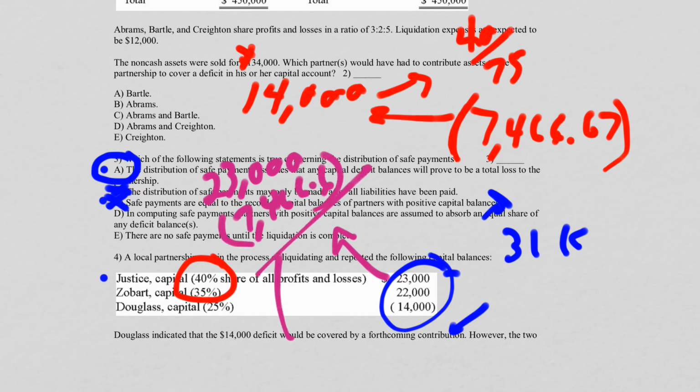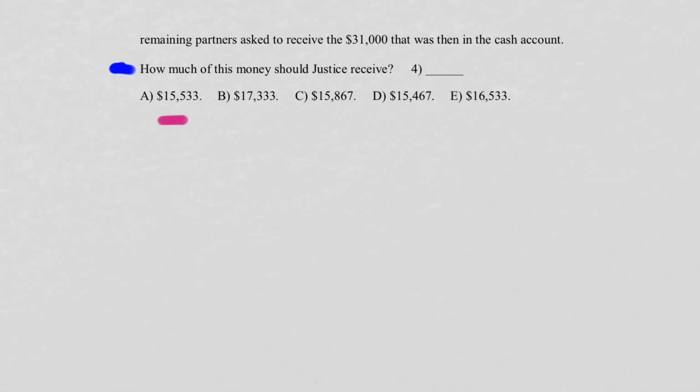So that'll give him a capital account of 15,533, and based on the safe payment methodology, we can distribute that to him out of the 31,000 safely, because that now assumes that the 14 won't come in. That would be answer A, and that is the answer, and we're done. Okay, I'm out of here.